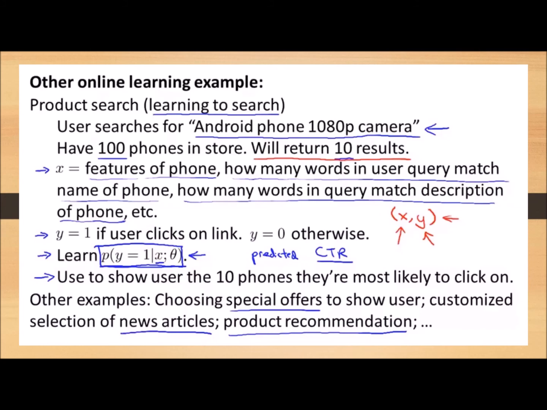Then what we do is, whenever crores of persons click a particular product, we store their interest by updating the theta, and we discard their features. Whatever words the user types, such as Android phone, 1080 pixel, camera, we discard this particular feature, whatever features are expected by the users.